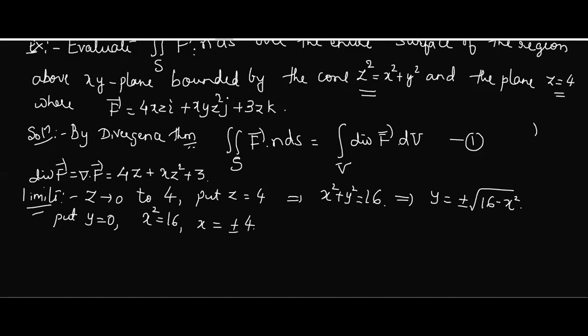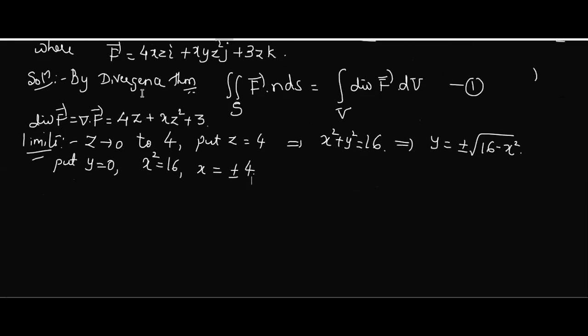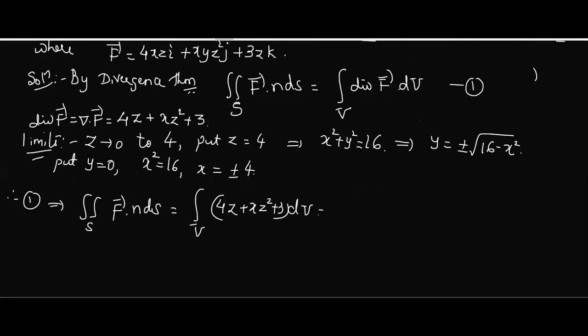Now let us take equation 1 and substitute. Therefore, equation 1 becomes double integration over S of F dot n dS equal to the integration over V of the divergence of F, which is 4z plus xz squared plus 3, dV. Let us convert it into a triple integration.